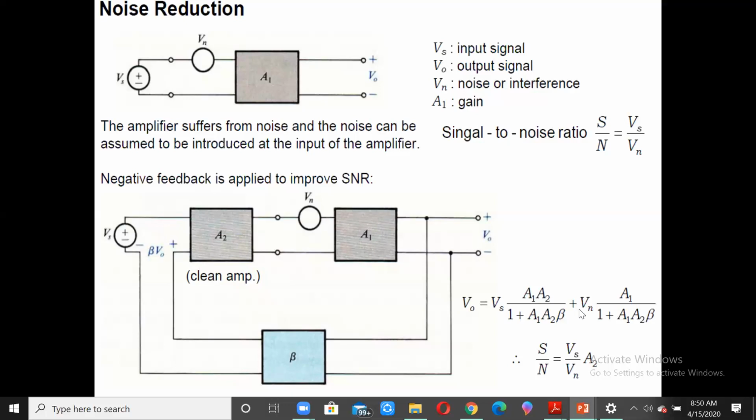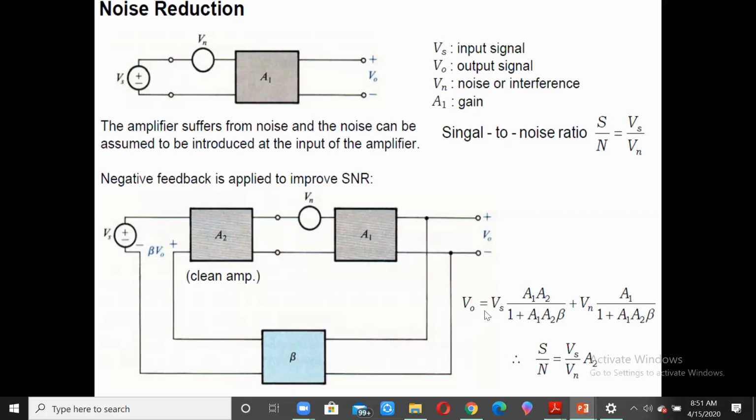And the noise component will be Vn multiplied by A1, and then the feedback arrangement, which corresponds to 1 plus A1 into beta.